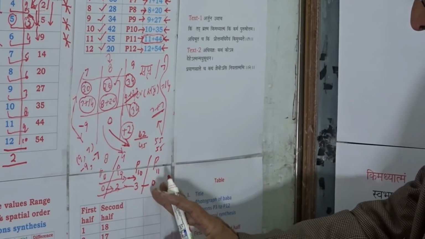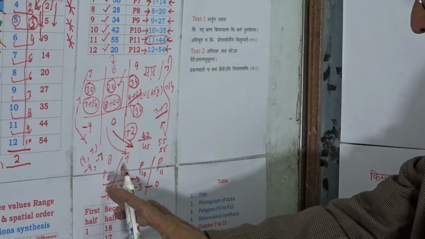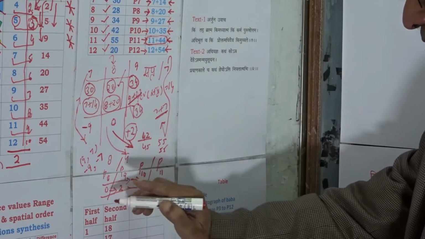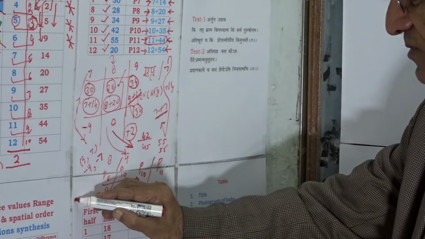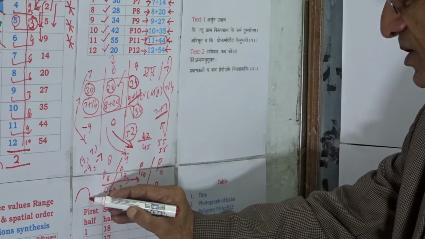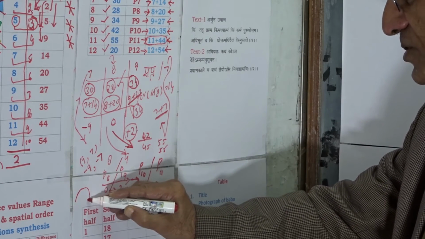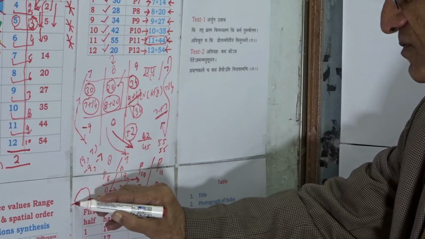The difference value here is fluctuating in the way that we start with difference value 0, reach value 2, reach up to 3, and then again we reach value 0. Now here is a difference value 0, and here a difference value 0.